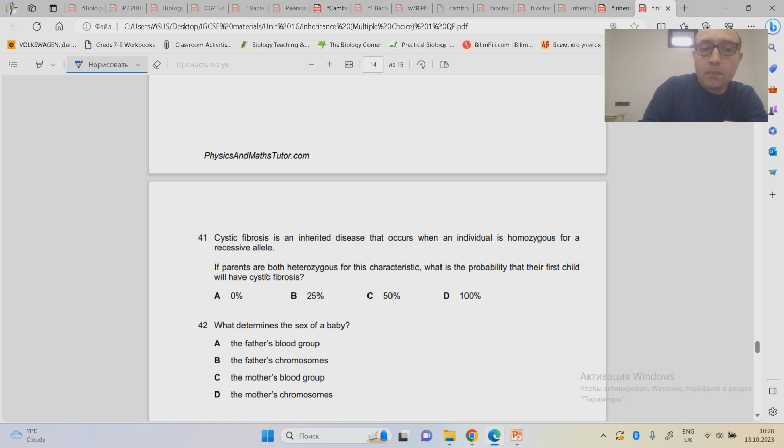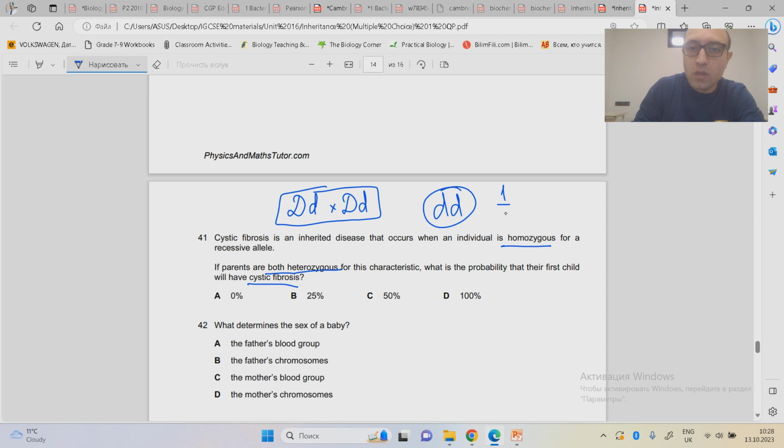So capital D, small d crosses with capital D, small d. What is the probability that their first child will have cystic fibrosis? Again, guys, if you cross two heterozygous parents, to have cystic fibrosis you need to have the homozygous recessive combination, small d, small d, which is 1 in 4, again 25%.